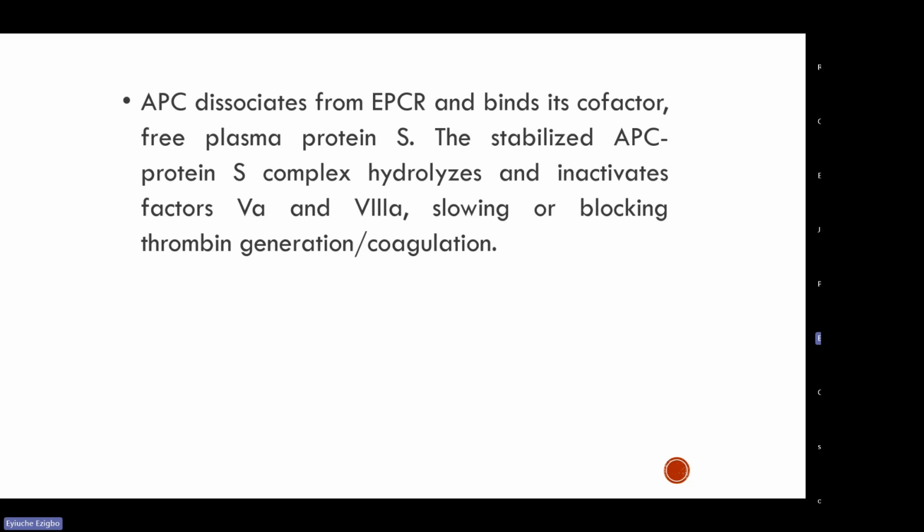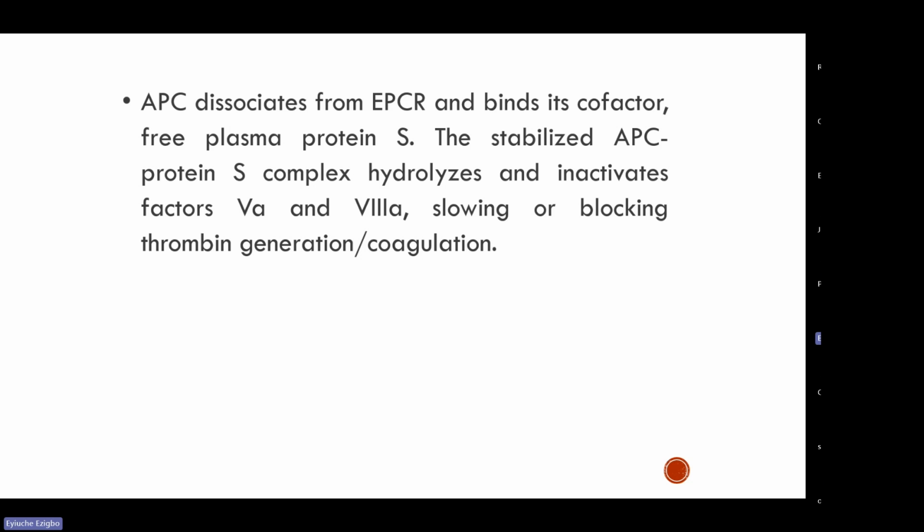And you take your mind back to the cell-based model or the cascade plasma-based model to see the positions of factor 5 and factor 8 in the coagulation mechanism. Okay, so what this APC-protein S complex does is to inactivate factor 5 and factor 8. That is how they regulate or stop blood coagulation, slowing or blocking thrombin generation.